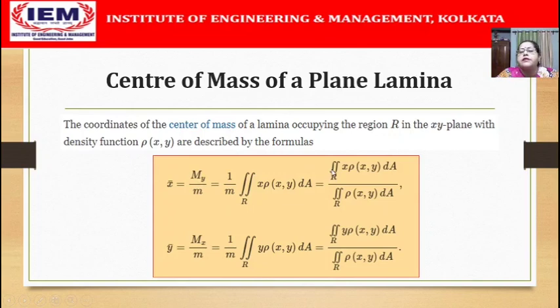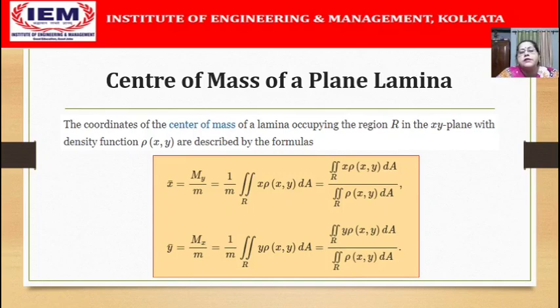So that is the double integral of x rho(x,y) dA over the region R divided by the double integral of rho(x,y) dA again over the region R. Similarly, the y coordinate y bar is given by Mx by M, which is the double integral of y rho(x,y) dA over the region R divided by the double integral of rho(x,y) dA over the region R again.